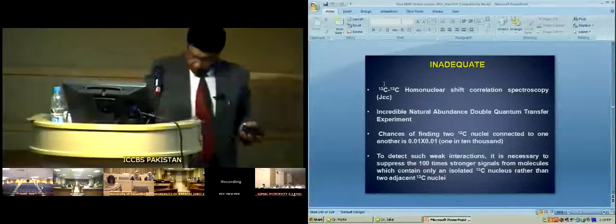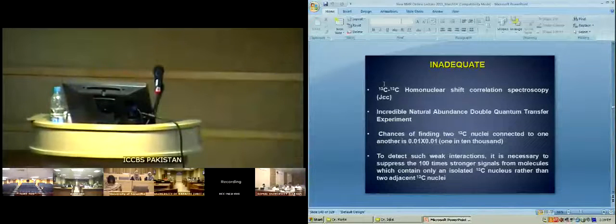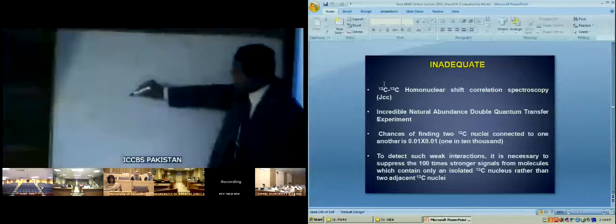So if I draw for you these three peaks, the outer two are called satellite peaks, right? And this is the main C13 peak.